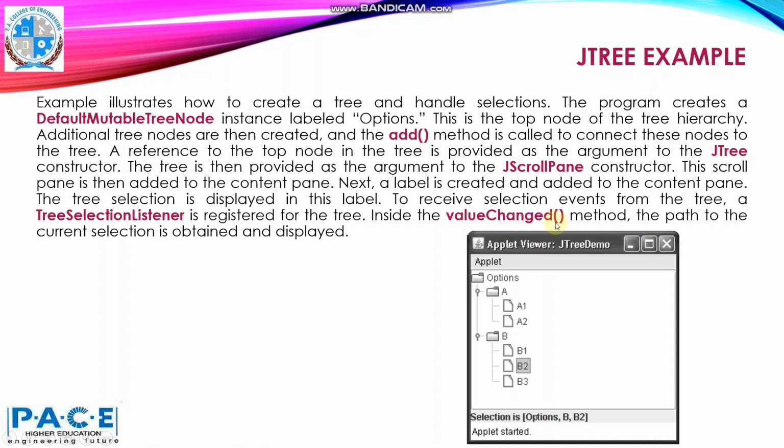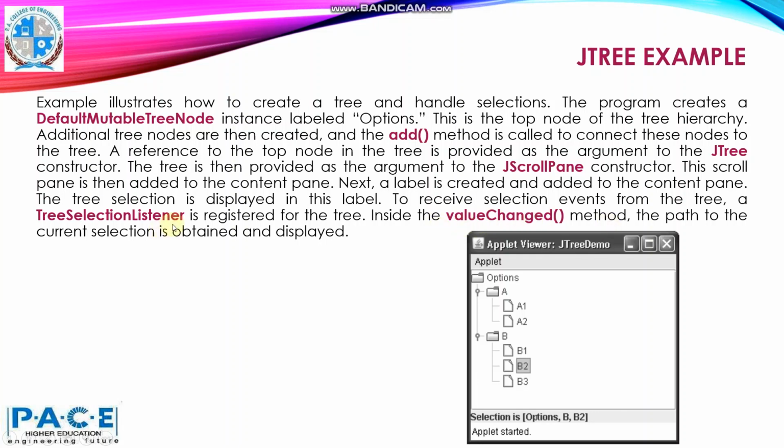In this valueChanged method we display the path of the selection in a label, which we display at the bottom over here. So in this case B2 is selected, so in the label we are displaying the selection is options, B, B2. So this is done in the event handler valueChanged.